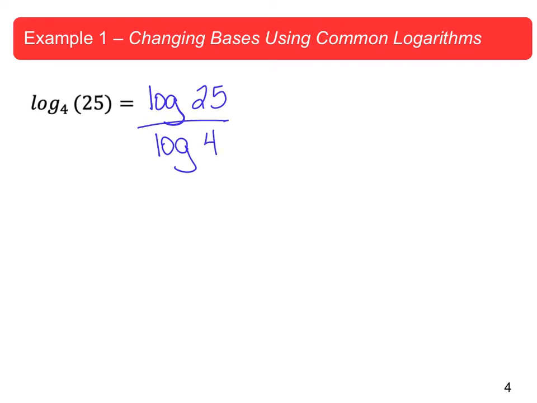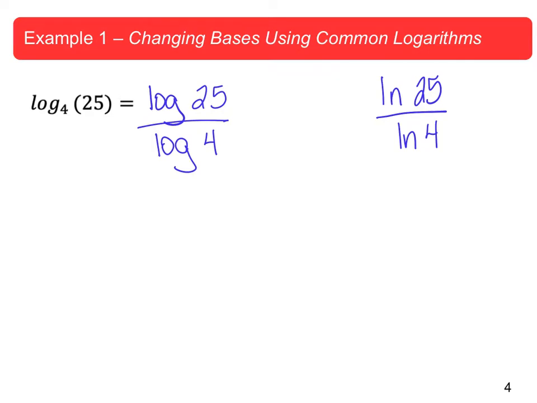Now, here we are using log base 10. If we wanted to use the natural log, we could do the natural log of 25 over the natural log of 4. And remember, that's ln. Natural log is ln.